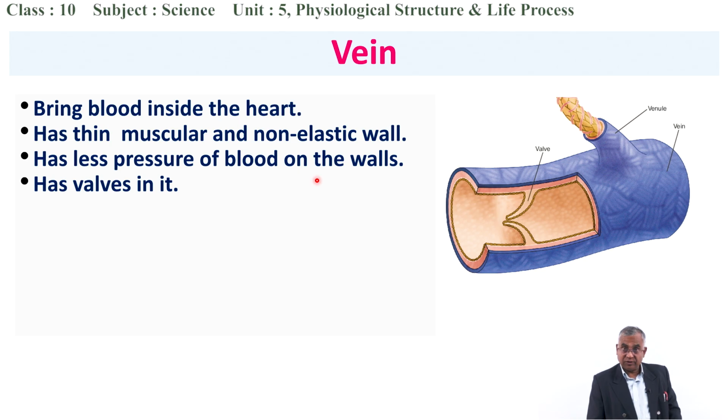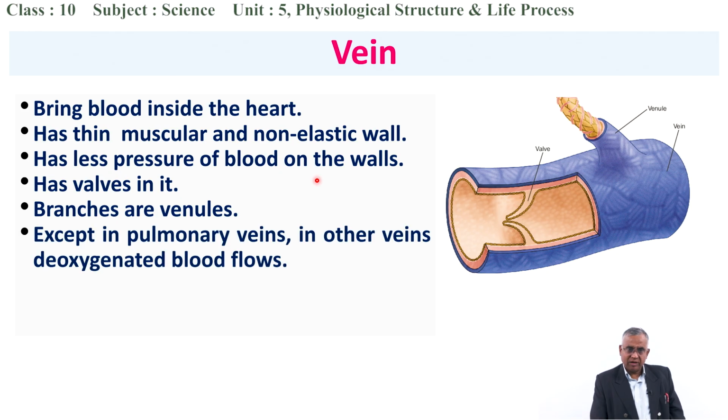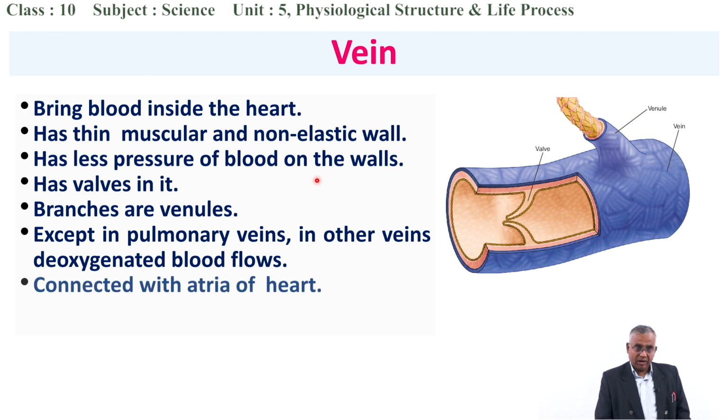Okay. That is different. Just opposite characteristics of arteries are given here. Branches are venules. Except in pulmonary veins, in other veins, deoxygenated or impure blood flows. Connected with atria. Atria is plural of atrium, or you can say auricle. Auricle or atrium, same thing.